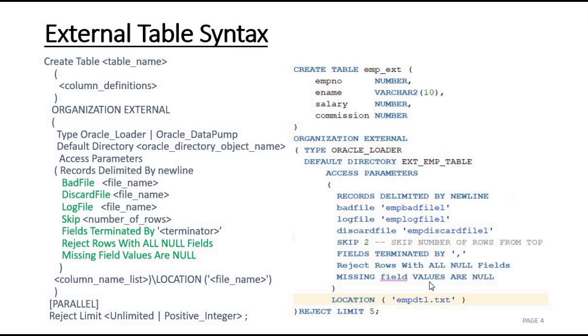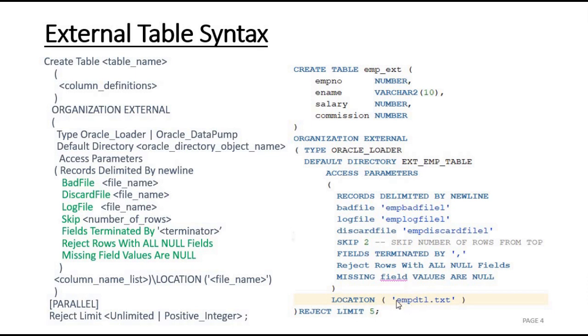Reject rows with all null values: in case there are null values for all fields, it will simply reject the row and not do anything. Missing field values are null: this indicates that in case no field value is found, it will be treated as null. Next is location.